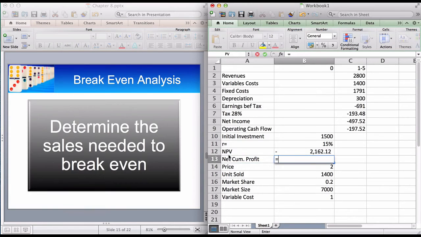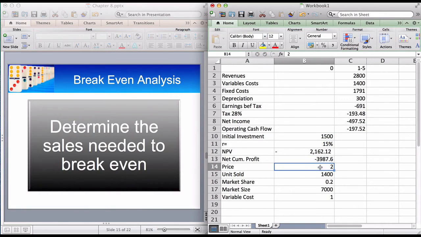And the net cumulative profit is just the initial investment minus the initial investment plus 5 times the net income. Okay, because remember, we're talking about a profit here.